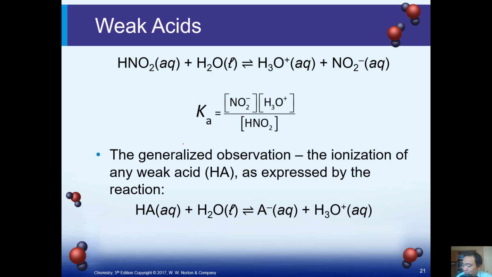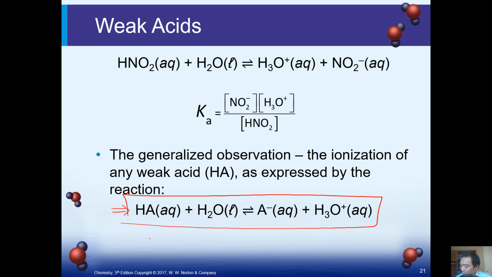We previously discussed a lot about the acid ionization according to Brønsted-Lowry definition. So if you want to write a generic equilibrium constant, because this is an acid, that's why I use Ka, it will be A minus times the hydronium ion concentration divided by HA concentration.